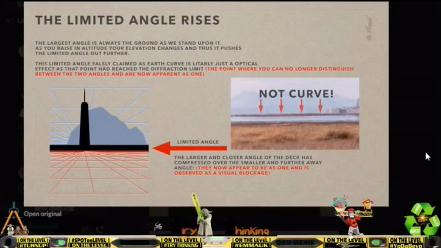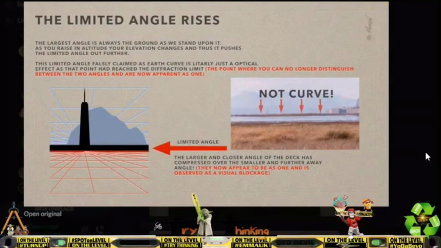This is just a depiction of showing the largest angle is always the ground as we stand on it. As you rise in altitude or elevation, it changes and pushes the limit angle out further. That's actually all we've been saying the whole time. So they take this limited angle, which they see as the horizon, and call it Earth curve. It's literally just the limited angle due to the observer's observation angle, which is compressed into the diffraction limit.